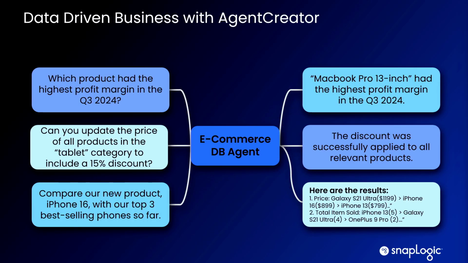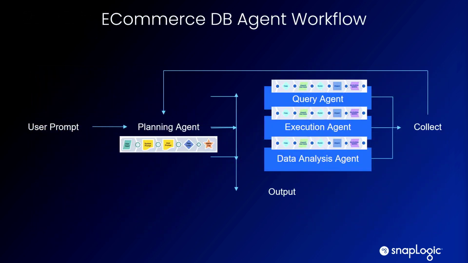What we're going to show you here is how introducing a database agent, giving it the tools to be able to interact with our data, allows us to handle this once and have that be an adaptable process. So what we're going to show here is an e-commerce database agent addressing a mobile phone retailer.